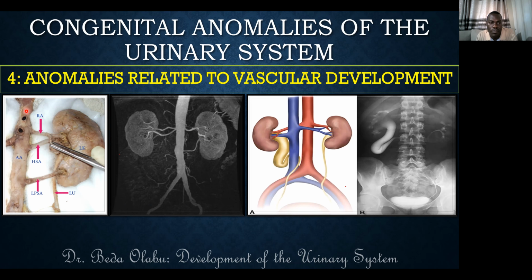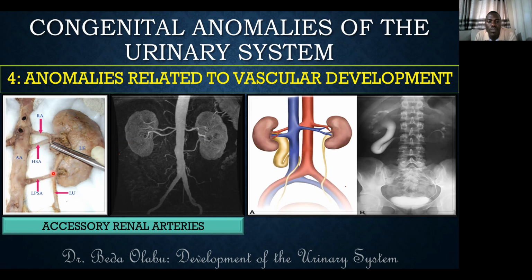Daniel, any idea? Okay, anyone to try this one? The abdominal aorta. Yes, so this is the aorta. That means that these are renal arteries. So you have accessory renal arteries. Even here, this is the abdominal aorta, so these are renal arteries. So there are multiple renal arteries going to the kidneys. We call that accessory renal artery.